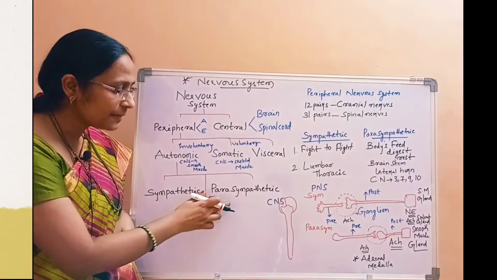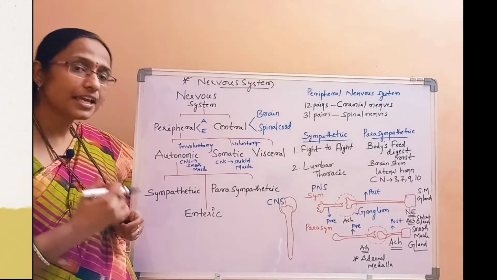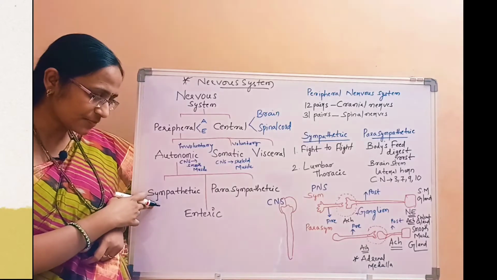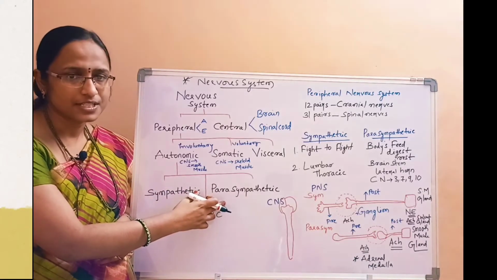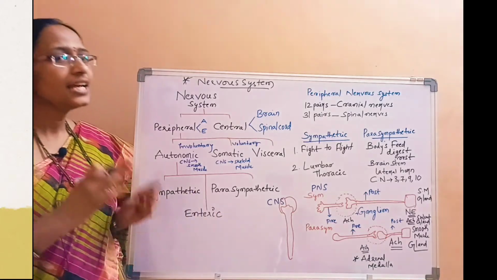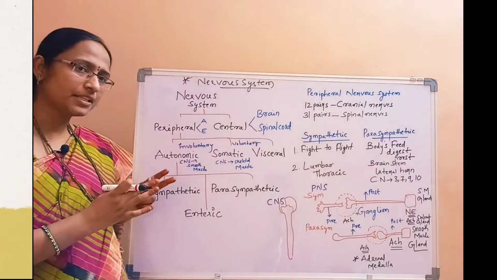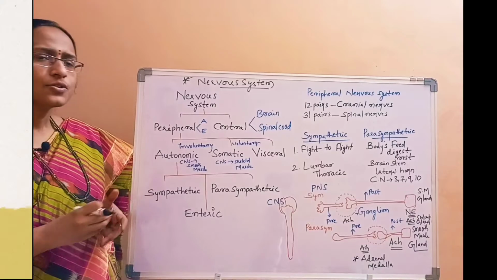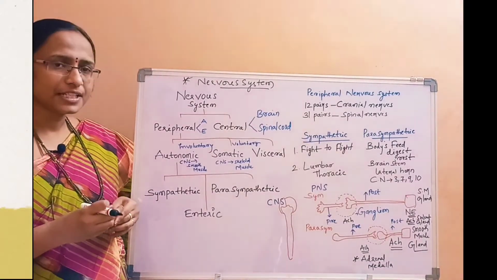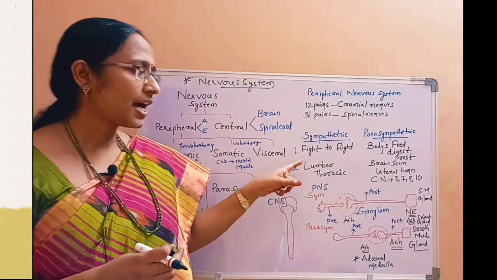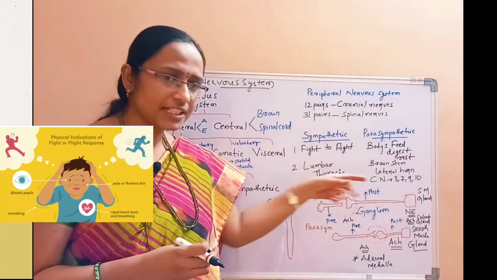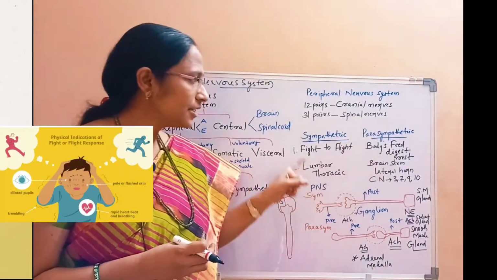In these three we have to differentiate the various actions transmitted by the sympathetic and the parasympathetic nervous systems. Okay, now we see what the differences are between sympathetic and parasympathetic. So what is the sympathetic nervous system? Here you can see I have made a list of the differences, which I have given here.